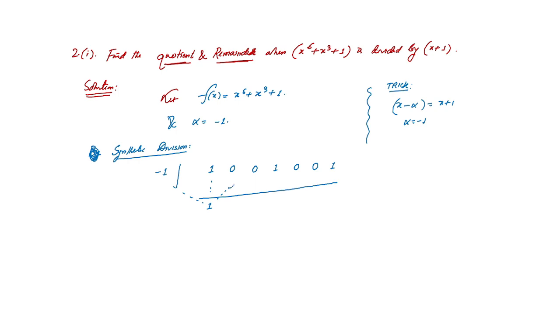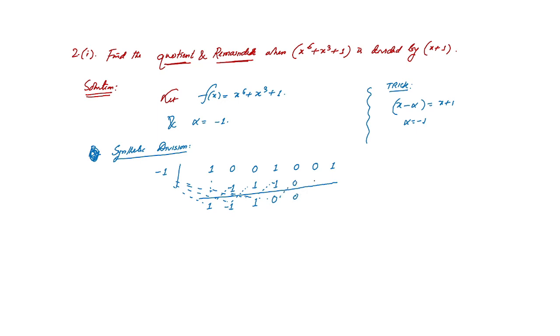So for synthetic division, you need to write 1 here. So 1 multiplied by minus 1 is minus 1. We add these two values, 0 minus 1, so that will be minus 1. And again, minus 1 times minus 1 is 1. Just add this value, 1 plus 0 is 1, so this is minus 1 and this value is 0.